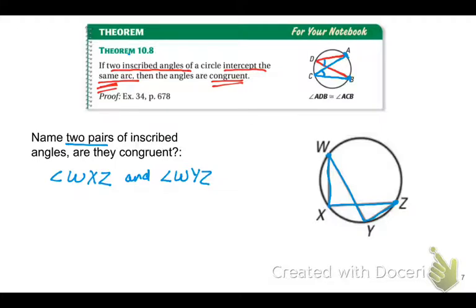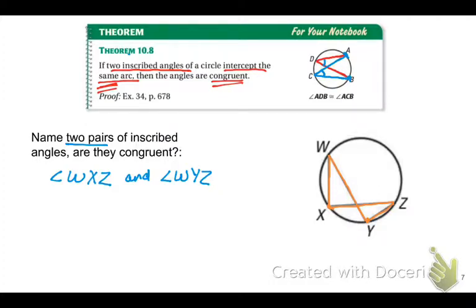Okay, perfectly good. Now, let's erase these guys, and we'll use a different color. There's another way to look at this. Here is another inscribed angle, and here is another inscribed angle. Okay, and they're both meeting at these 2 points.